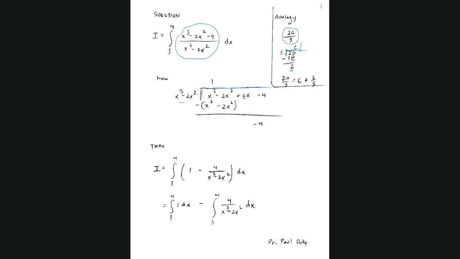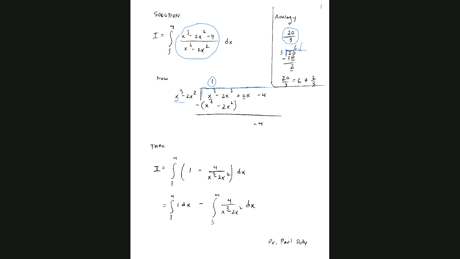So I've got to figure out, okay, the leading term is x cubed in both of these polynomials. x cubed goes into x cubed once. Just like when I divided 20 by 3, I went 6 times 3 is 18, and that was what I subtracted from 20.